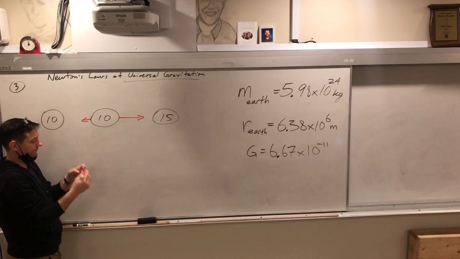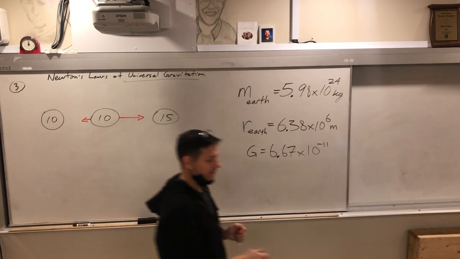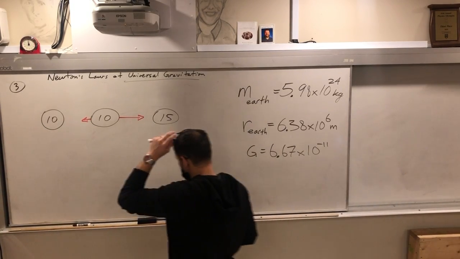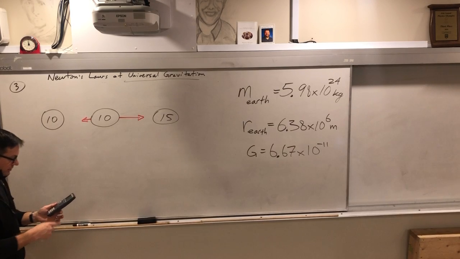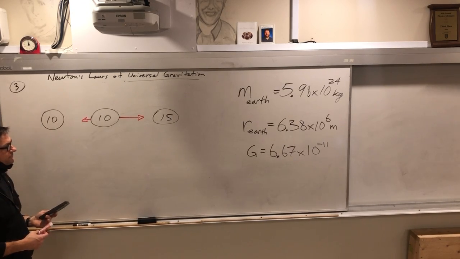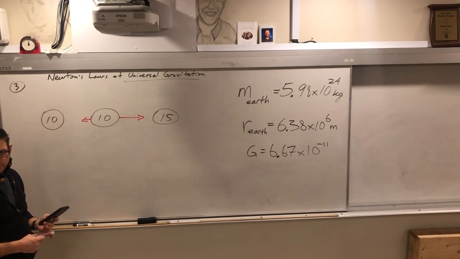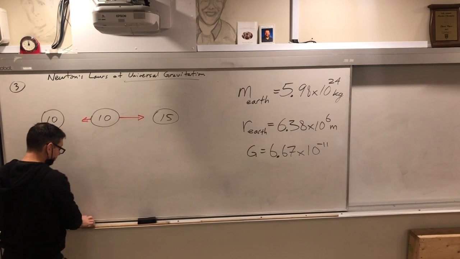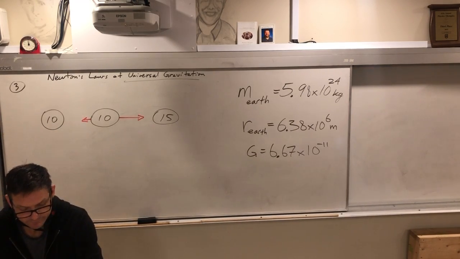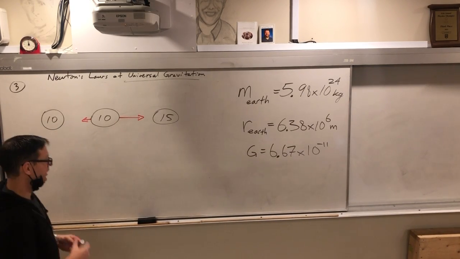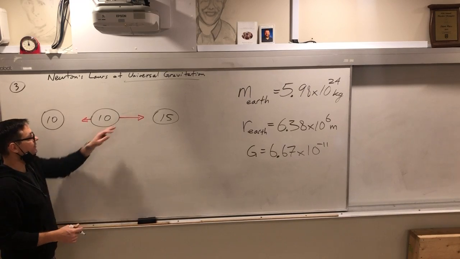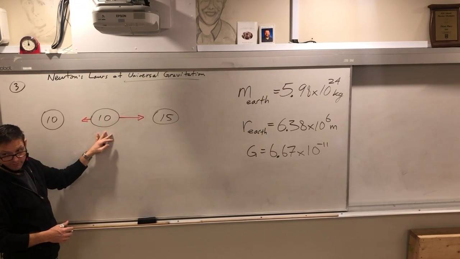Should we calculate it? Let's calculate it. Do you want to know the algebra bit for this? Yes. So what you could do is say the net force is going to be these two forces added together, right?